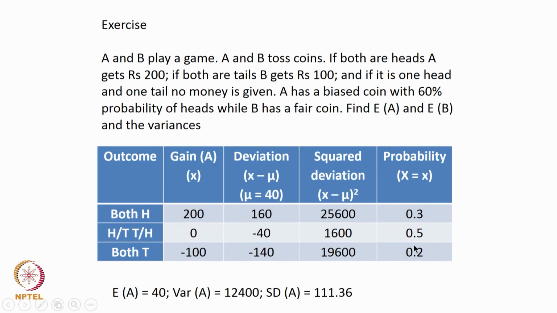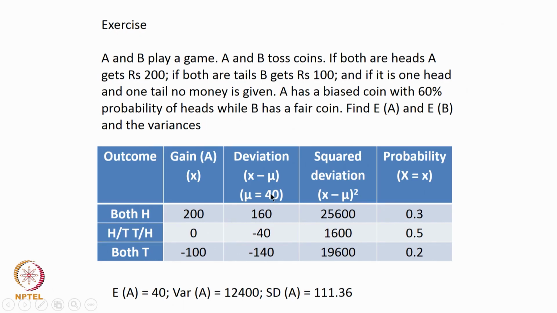Now, the expected value is 200 into 0.3 plus 0 into 0.5 minus 100 into 0.2. So, 200 into 0.3 is 60, 0 into 0.5 is 0, minus 100 into 0.2 is minus 20, therefore, the expected value is 40. Now, this expected value is shown as mu equal to 40 here.